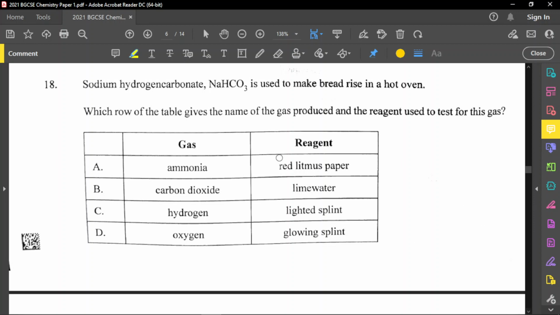If you notice, at the end of the formula is CO3, and the CO3 part will form into CO2 when a chemical reaction takes place. A neutralization reaction forms salt, water, and carbon dioxide, so carbonates reacting under acidic conditions form salt, water, and carbon dioxide. So carbon dioxide is the answer, and you use lime water to test for carbon dioxide. There's not much thinking needed on this one, so we're good with that.